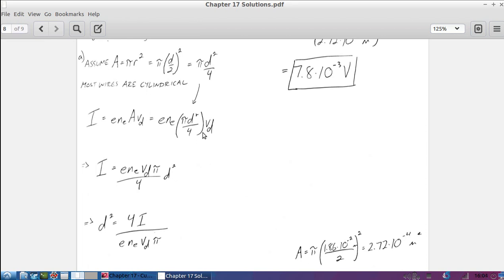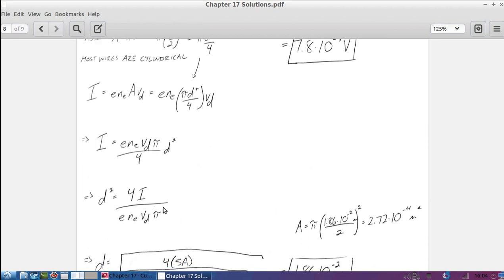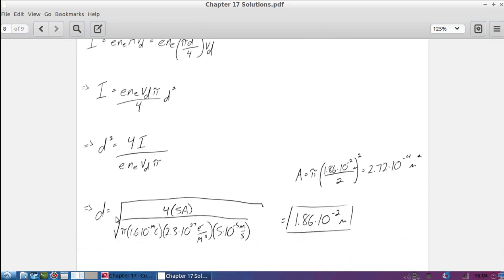So I group d squared by itself, multiply both sides by 4, divide both sides by everything in the numerator, and I get an expression for d squared. But I'm looking for the diameter, so I'm going to take the square root of both sides.